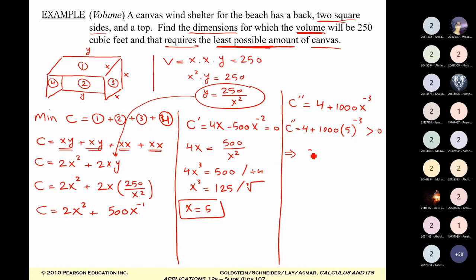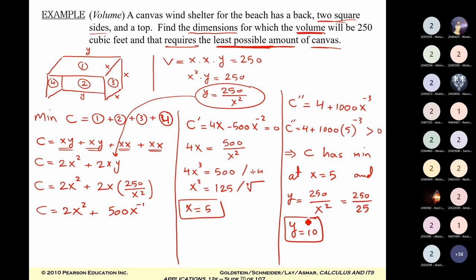So we can conclude C has a minimum, because the second derivative is positive, at x equals 5. And y equals what? y equals 250 over x squared, so 250 over 25. So y equals 10. This is the value of y and this is the value of x. Any question?